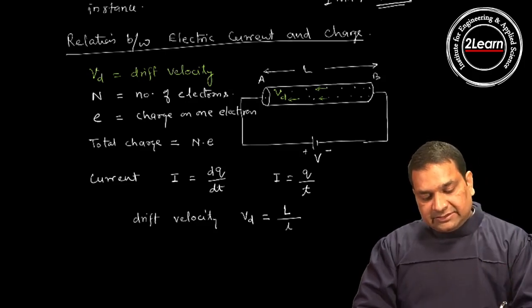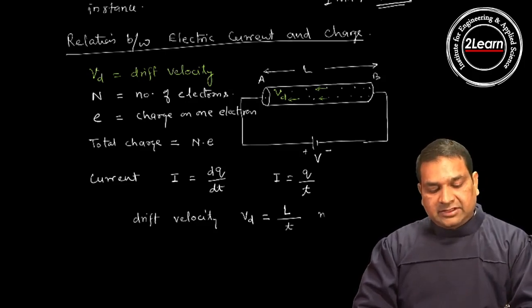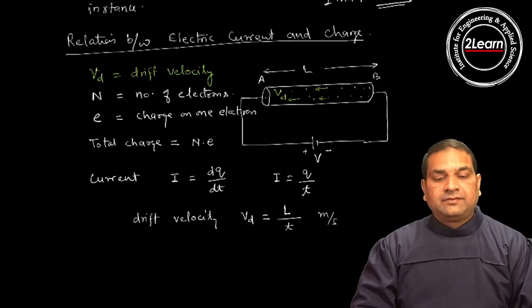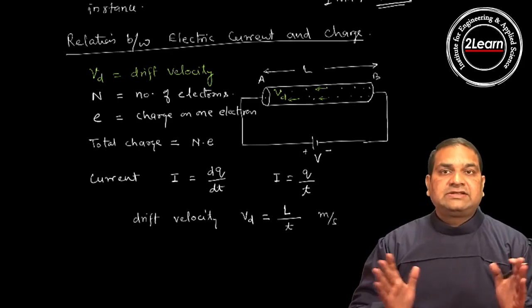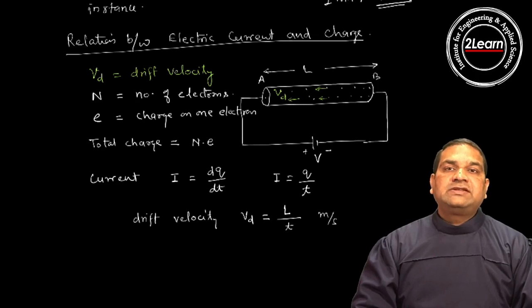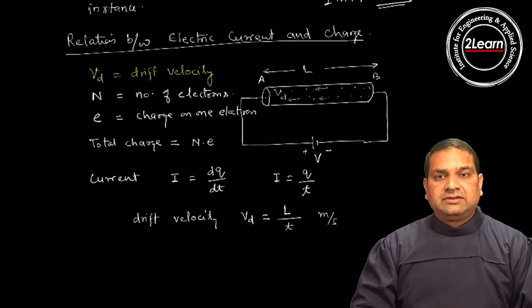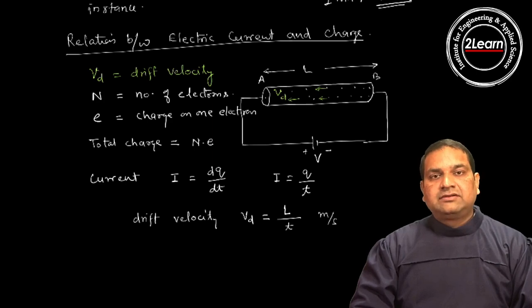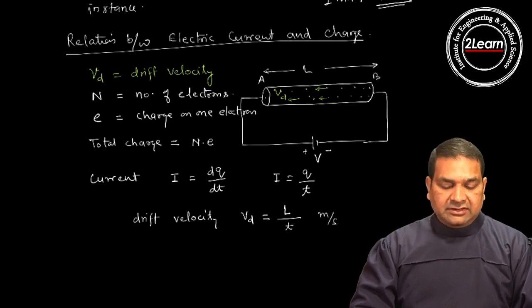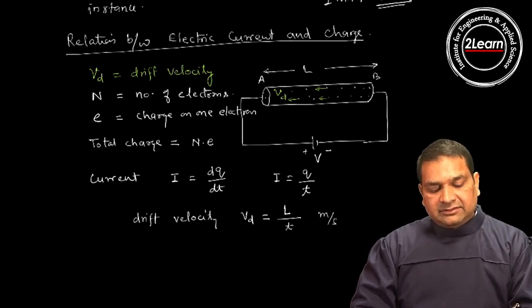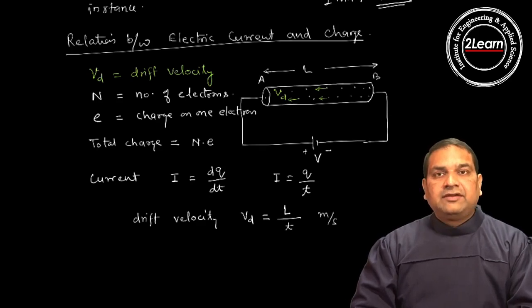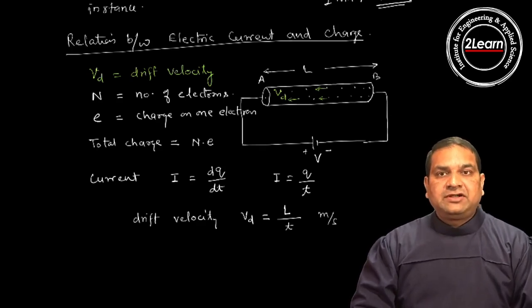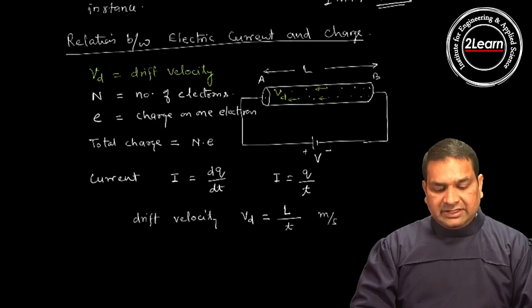So Vd is L by t, meter per second. I have taken distance in meters, but in circuitry there are conductors of very small length, nanometer, micrometer or millimeter. Here we are taking the standard unit of length. We will see the smaller units in further lectures.